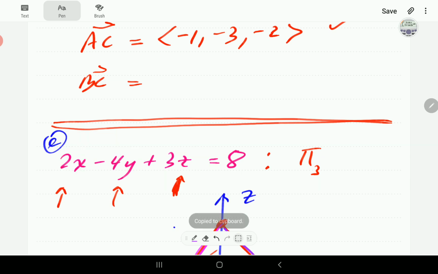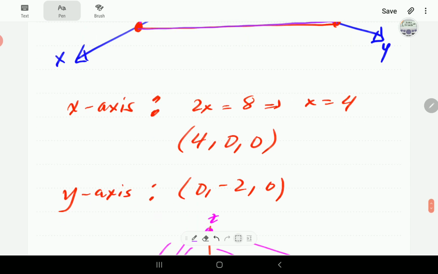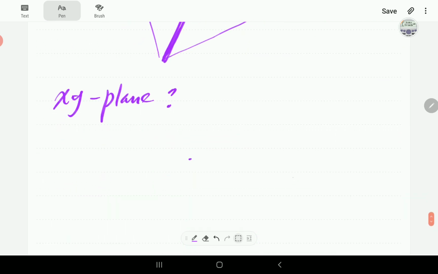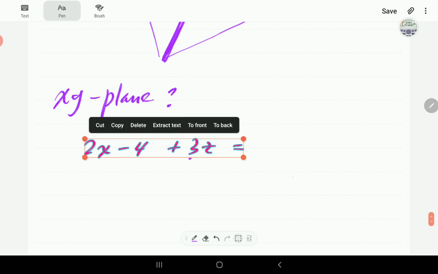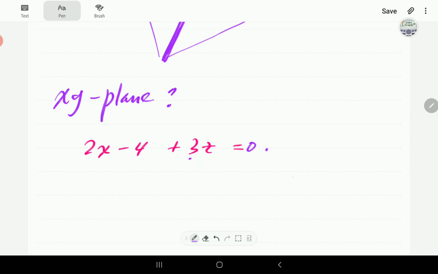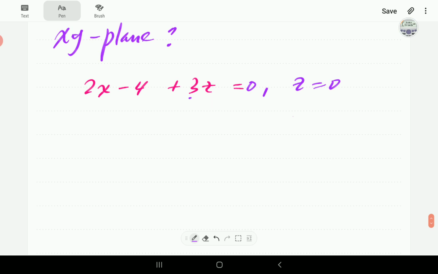Okay, so we want the intersection of this with z equals 0. So we simply plug in z equals 0 there.